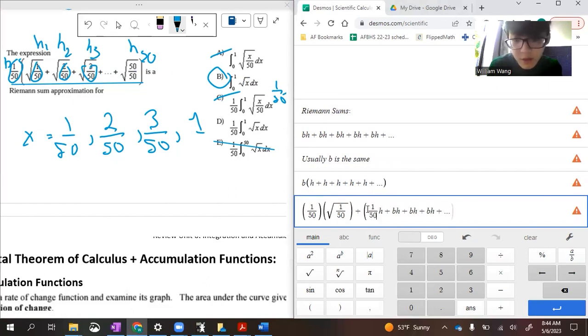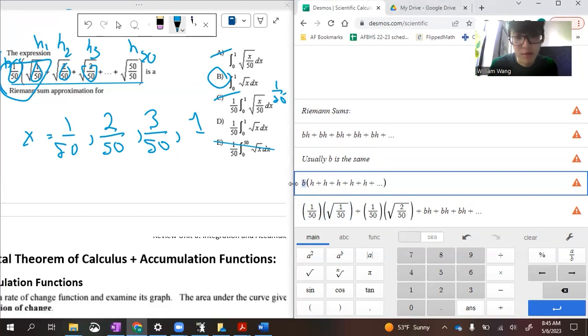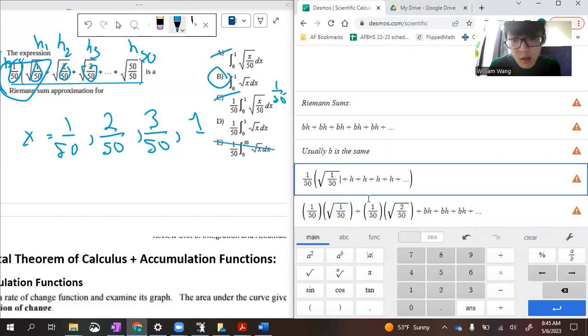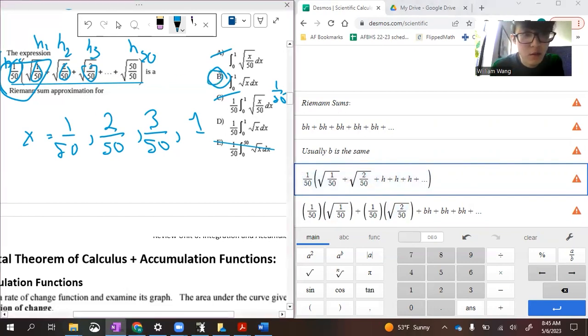Each base is 1 over 50. The next height would be measured by plugging in the next interval, 2 over 50. This structure matches up exactly with my integral right here after I factor out the 1 over 50. Each height is the square root, etc. You can see how this expression for this integral matches with this.